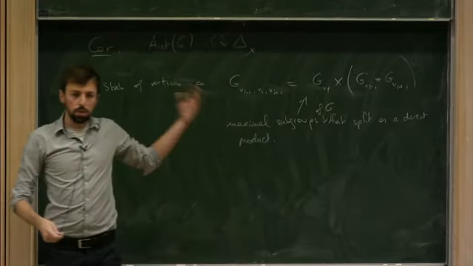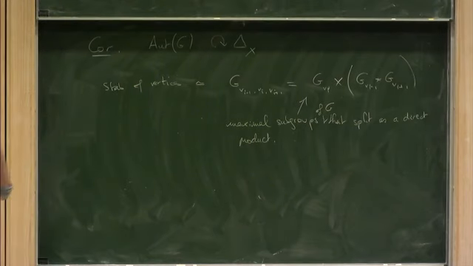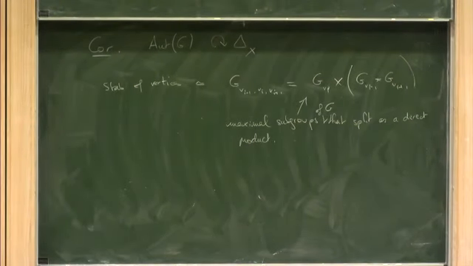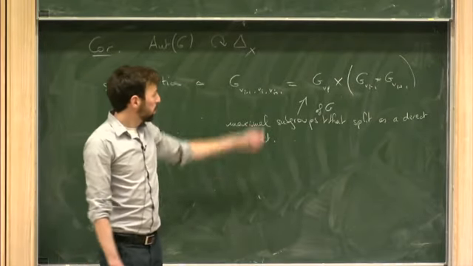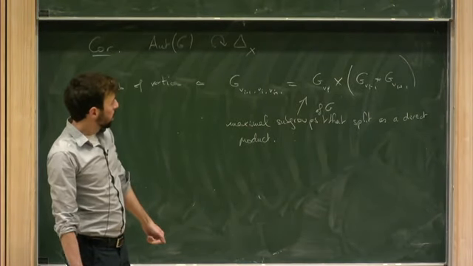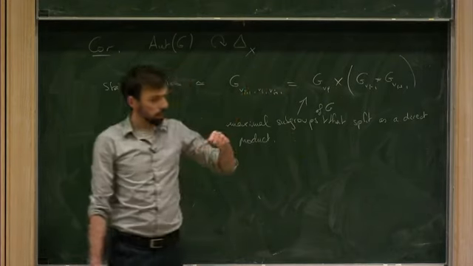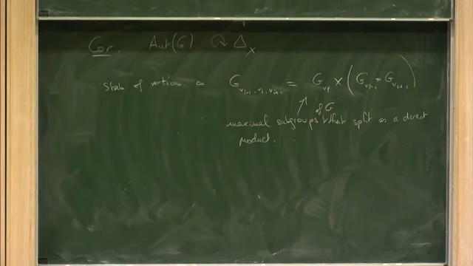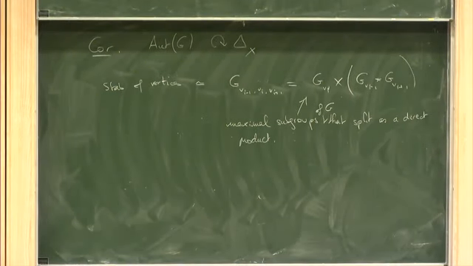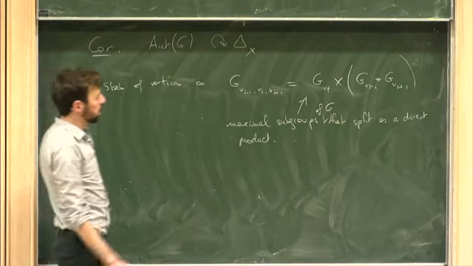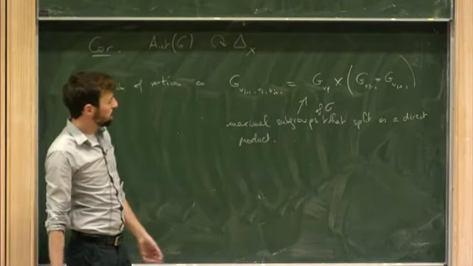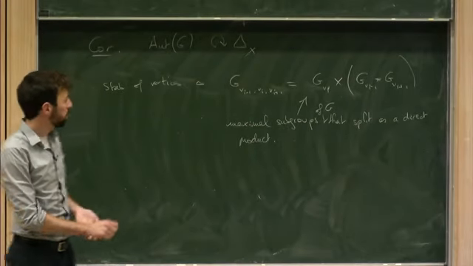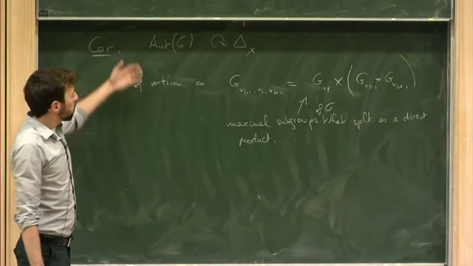That's something that's known for graph products. Whenever you've got a subgroup that splits as a direct product, it's contained in the subgroup generated by some link, some star in the graph. So in particular, what does that mean?